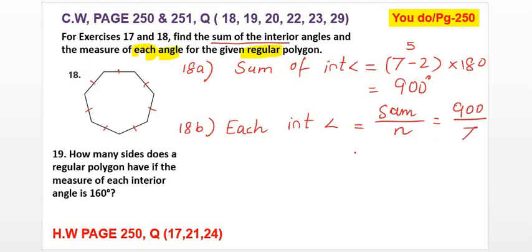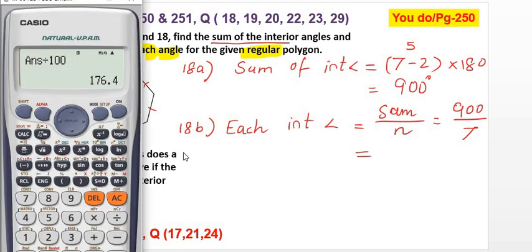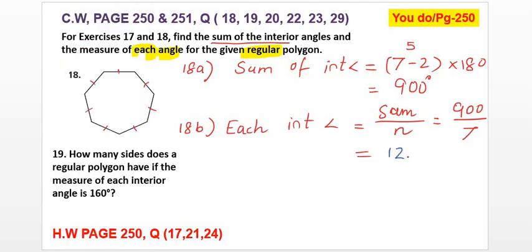Now you divide it by the number of sides and it will give you the value of each interior angle. So let's divide 900 by 7, so it gives 128 point something. We will write it to one decimal place, so this will become 128.6. So the final answer will be 128.6 degrees. So this will be the value of each interior angle. Is that clear?